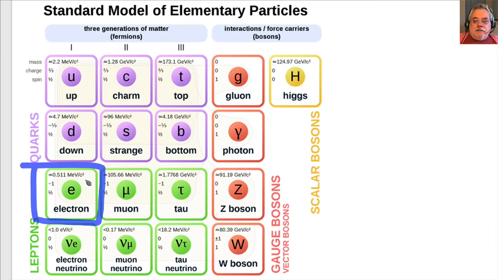The second number is the electrical charge, which is -1 elementary charge unit for the electron. Electrons have the lowest mass of any electrically charged particle of any type. The third number is the intrinsic spin angular momentum, which is 1/2 for the electron.